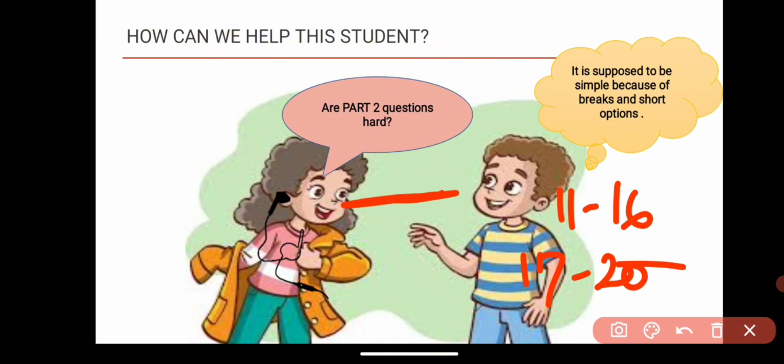So there are breaks. There is a 1 minute break before it starts, for you to check on your part one. Don't do that, spend it here. Then there is a 30 seconds break given for you to read through the questions.